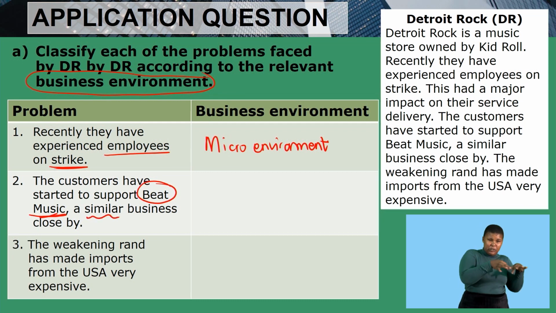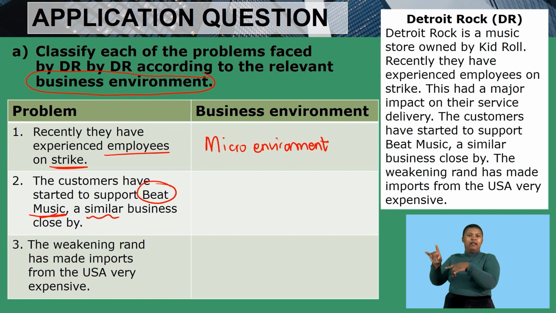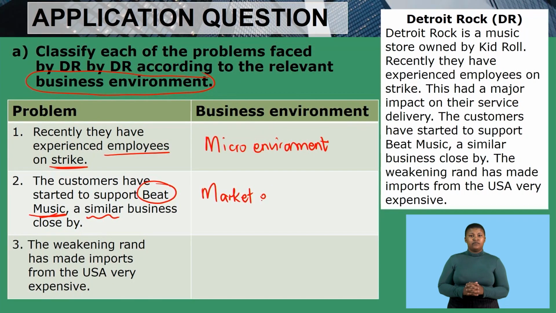Now remember, a business that delivers a similar or the same product or service as our business is seen as a competitor. And a competitor is a component of the market environment. So the relevant environment for this problem is our market environment.